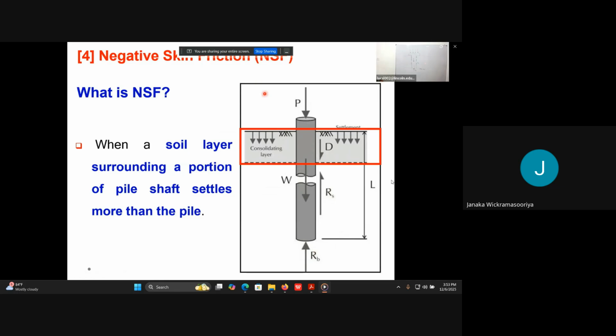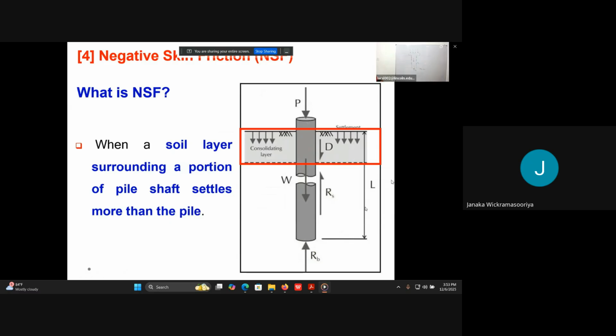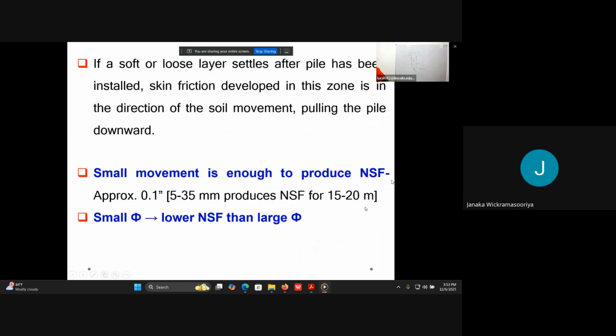And then, if the so-called loose layer settles after the pile has been installed, skin friction develops in this zone.